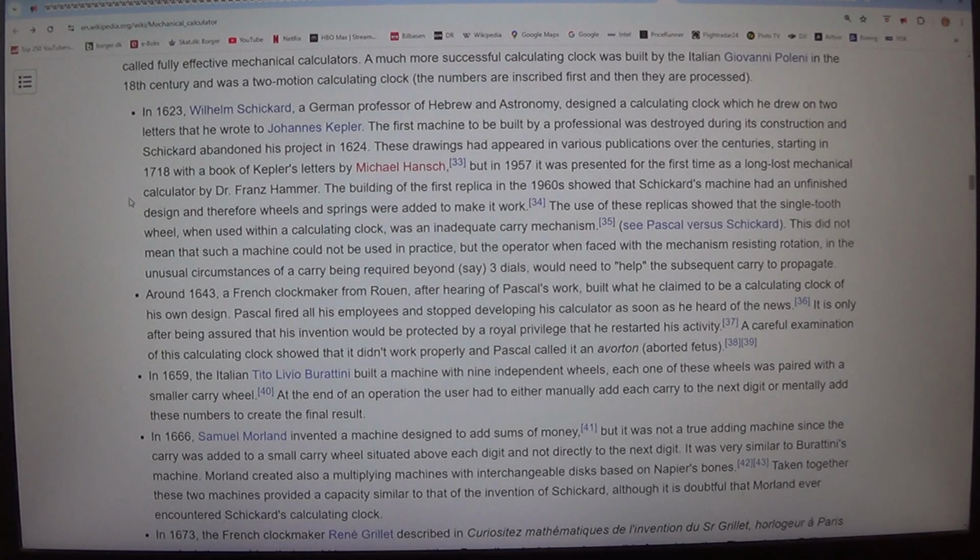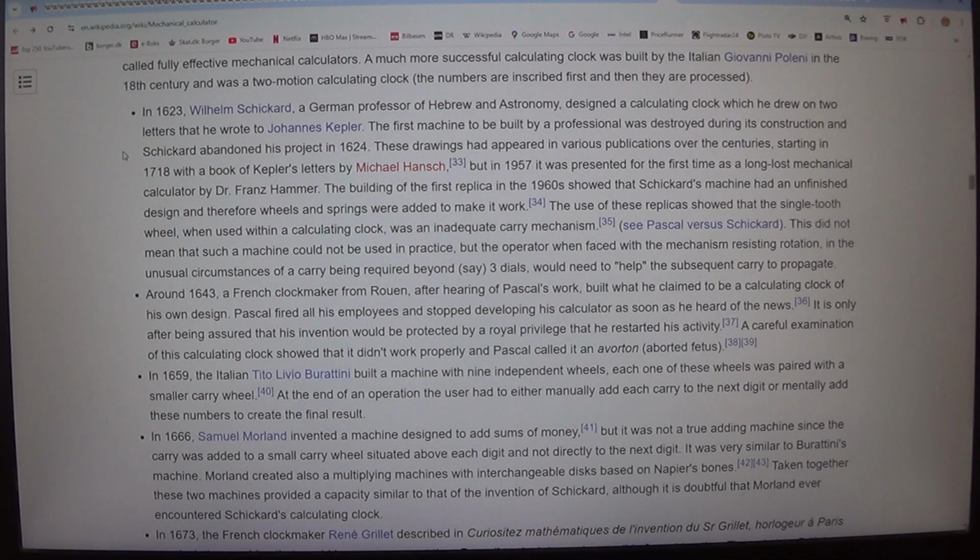The first machine to be built by a professional was destroyed during its construction and Schickard abandoned his project in 1624.